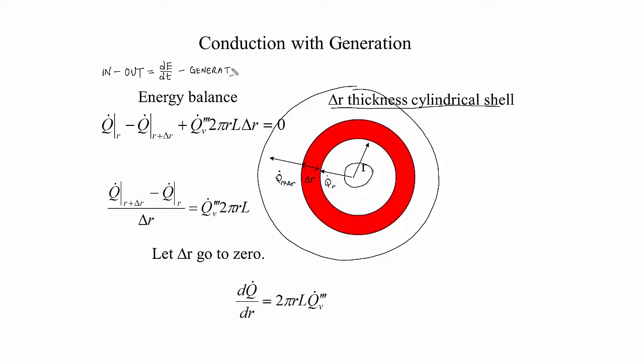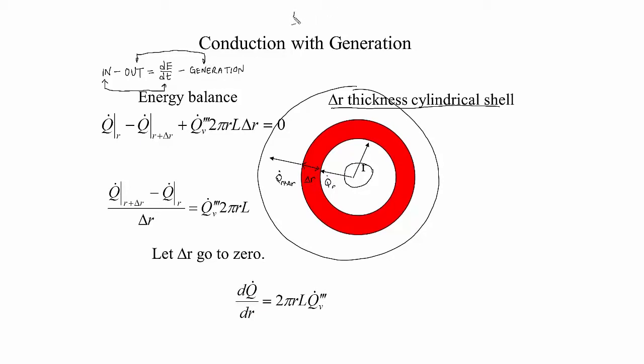So in minus out is equal to storage minus generation. Let's think about if that makes sense. If there were no out and no generation, then in has to equal storage. If there were no in and no storage, then generation has to equal what goes out. Does that make sense? Okay, so in minus out is equal to storage minus generation.